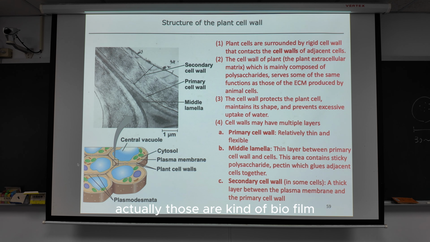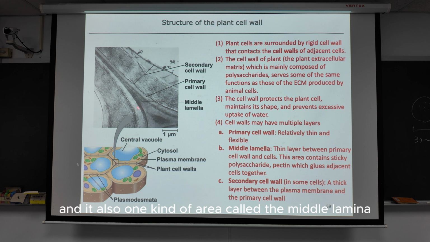Actually, this is the main source of the biofilm people use to synthesize in the factory. There are several layers of the cell wall. The thinner one is the primary cell wall, and the thicker one is the secondary cell wall. There is also an area called the middle lamella between the two cell walls here.